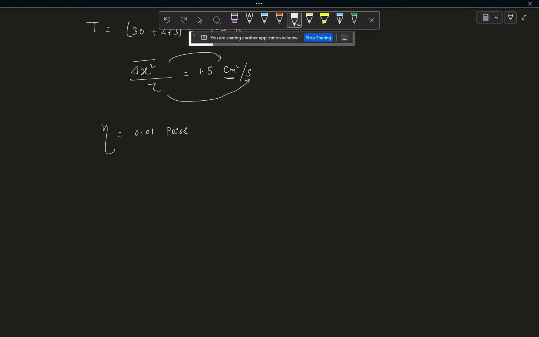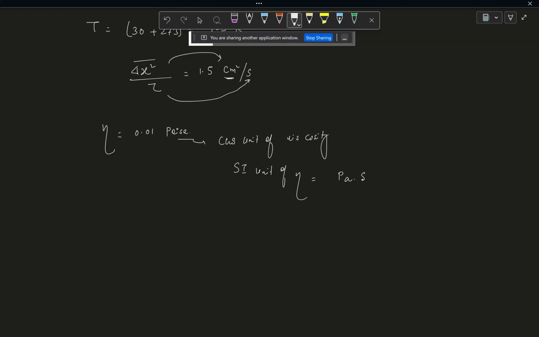So here knowing the units is important, because otherwise you have to match the units to get a correct answer. If you are following CGS units, then we will follow CGS units for all of the quantities. It has to be uniform. So 0.01 poise, here poise is the CGS unit of viscosity. Whereas the SI unit of viscosity is Pascal times second.